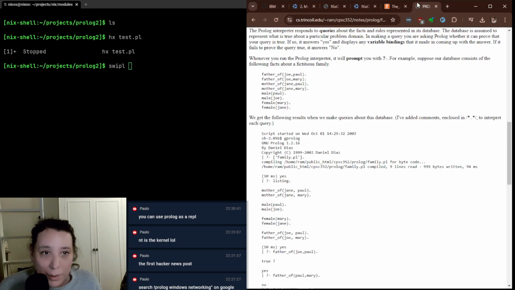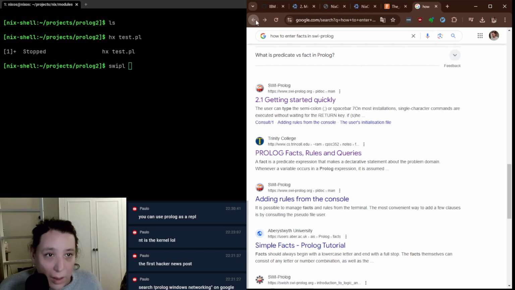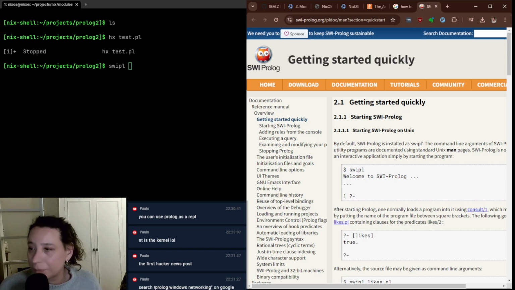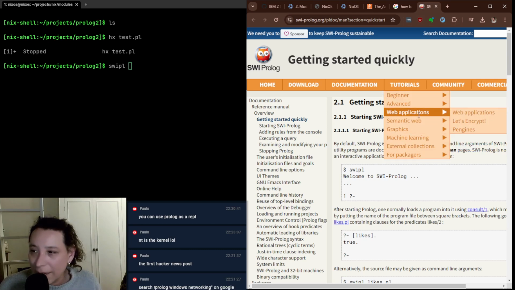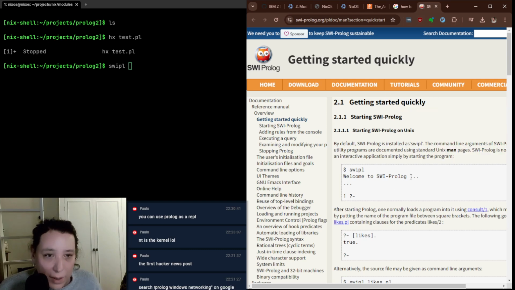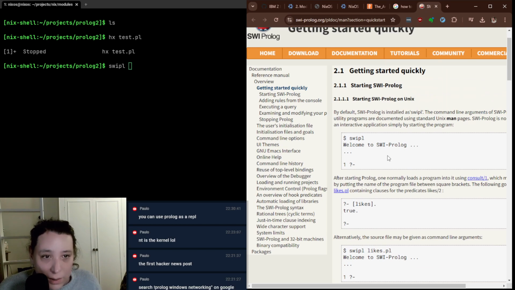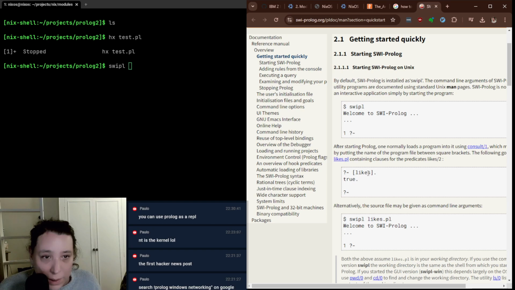And how did they do it here? You can use Prolog as a REPL. That's what I was hoping for.